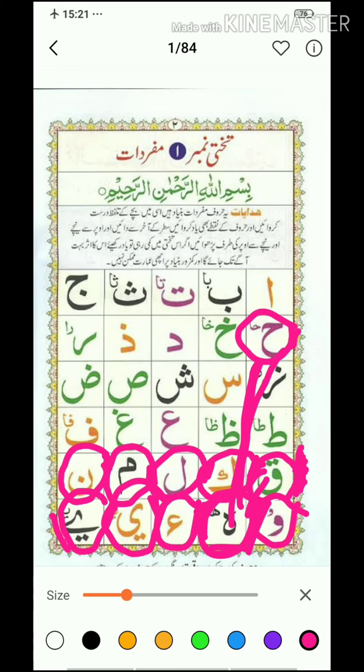The last two letters make the same sound, which is Ya. In English we also compare it with Y.